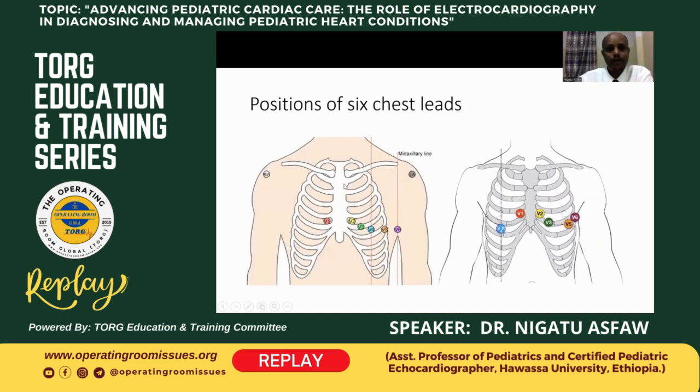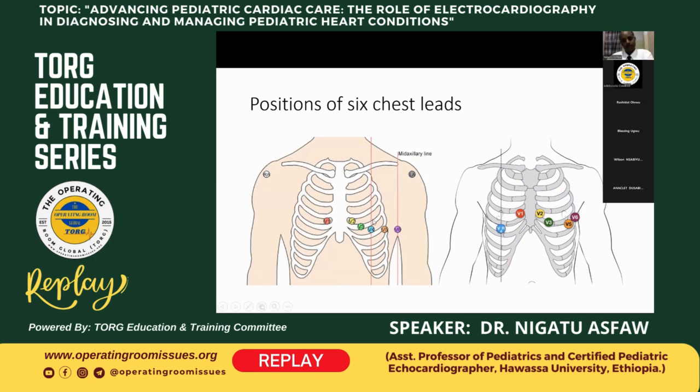And this is how chest electrodes are placed. We put V1 in the fourth intercostal space, right of the sternum, and V2 in the fourth intercostal space, left of the sternum, and V4 will be put on the mid-clavicular line in the fifth intercostal space, and we put V3 between the two, that means between V2 and V4.